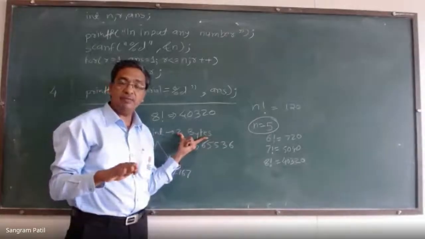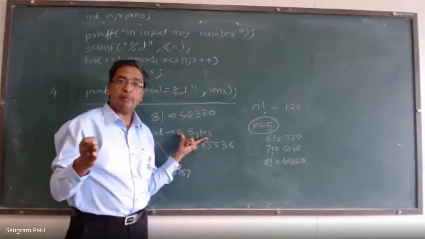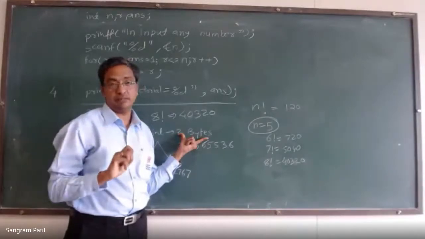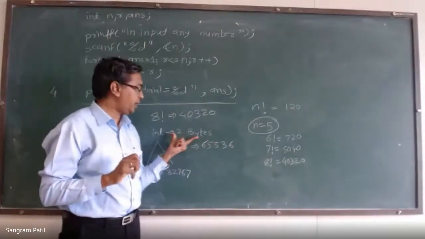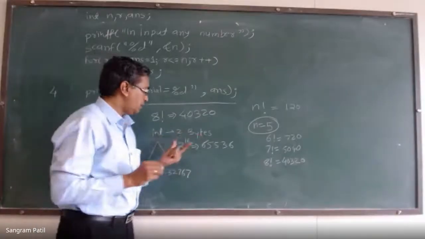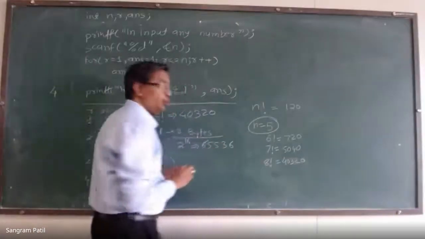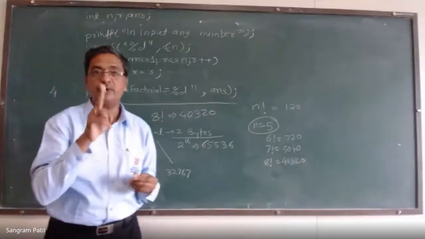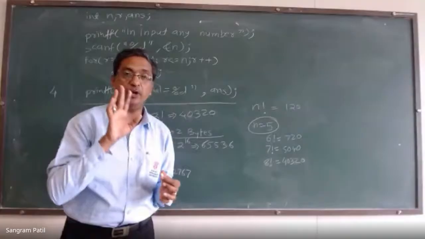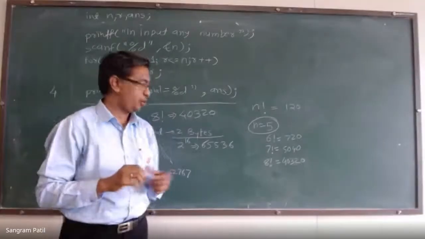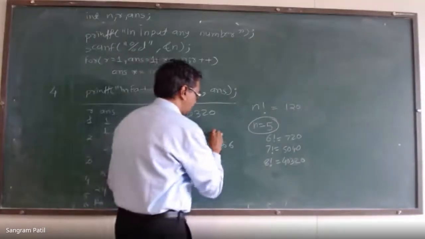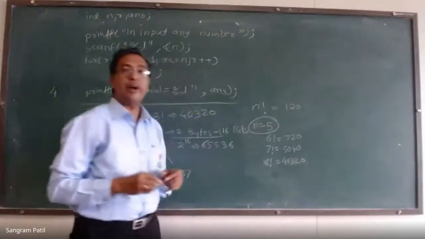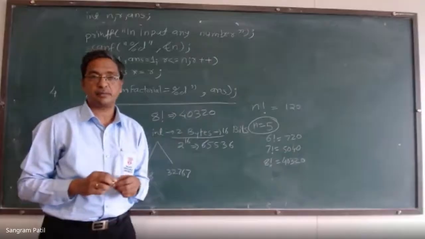Here we are considering the Turbo C compiler working on DOS or Windows operating system. So we are considering that an integer is allocated 2 bytes of memory space to maintain a value in the RAM. 2 bytes means 16 bits.